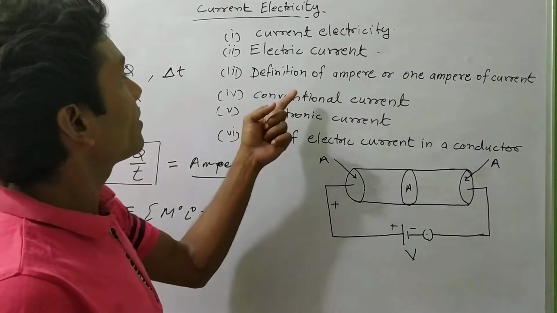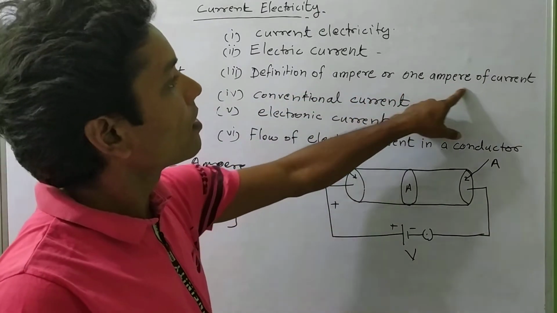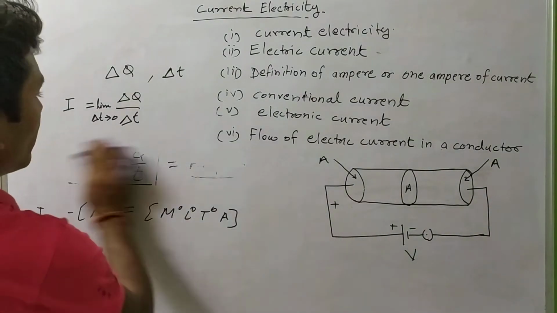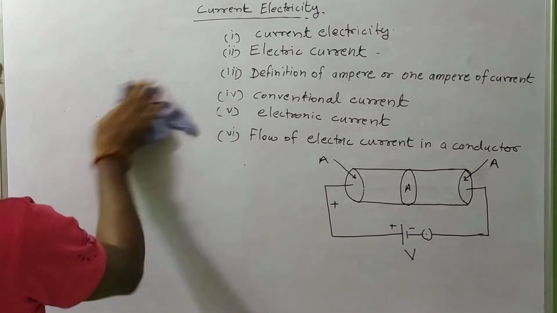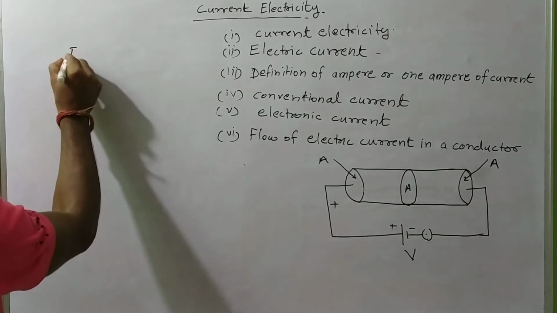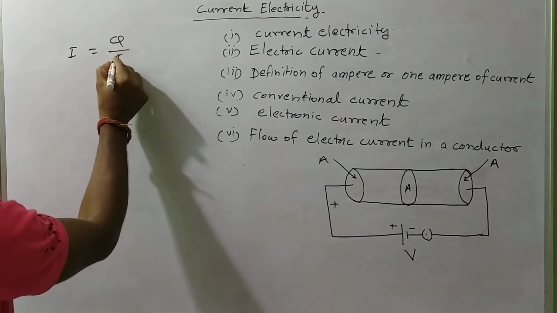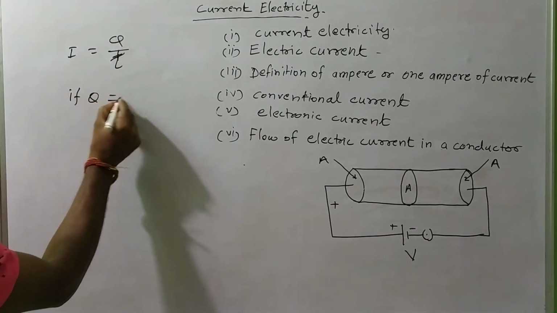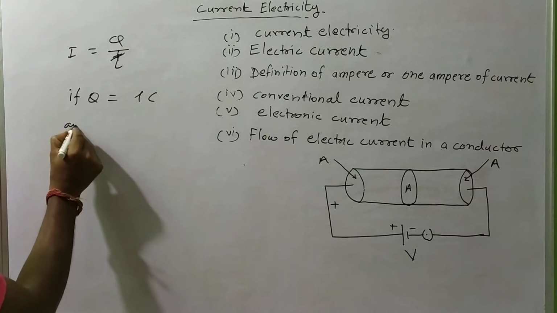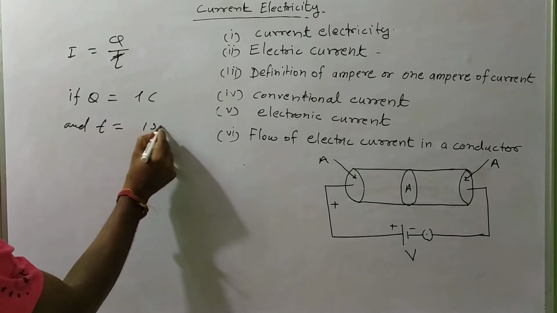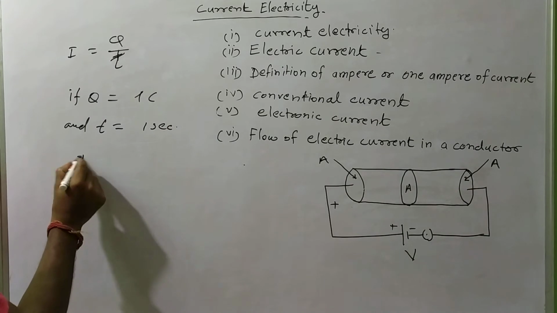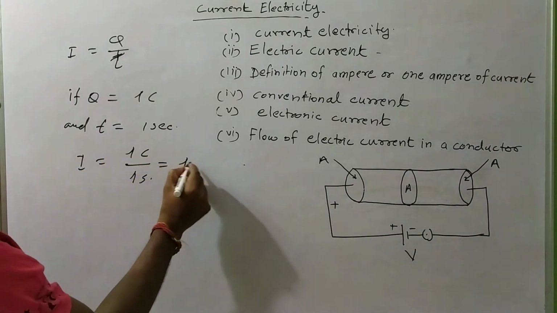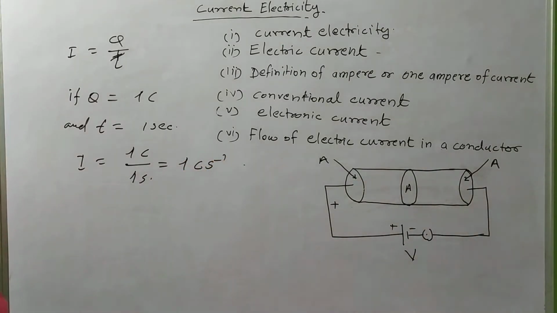Now we have to understand the definition of 1 ampere of current. For this we use the formula I equals Q upon T. If Q equals 1 coulomb and T equals 1 second, then I will be equal to 1 coulomb upon 1 second, or 1 coulomb per second.